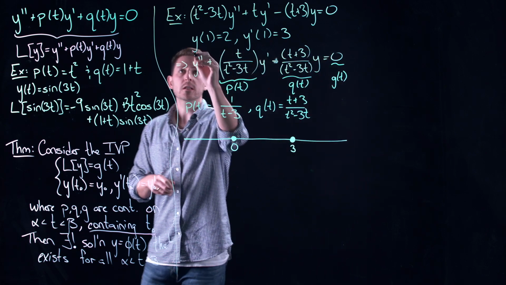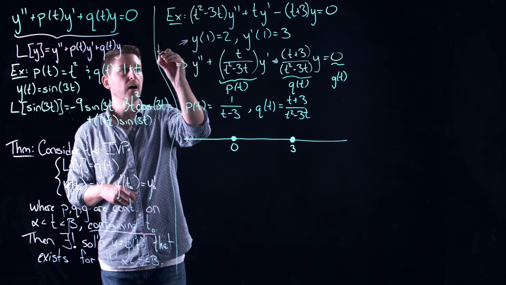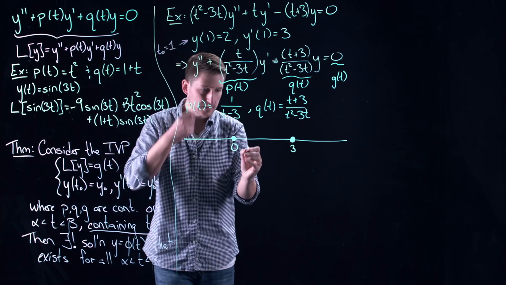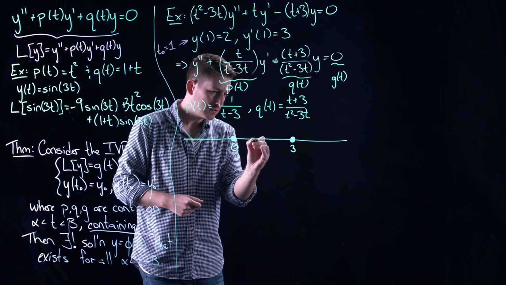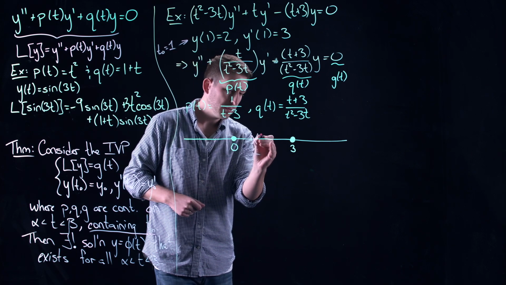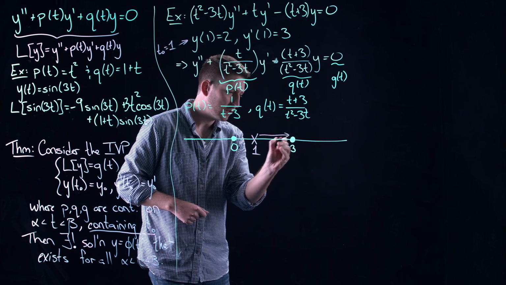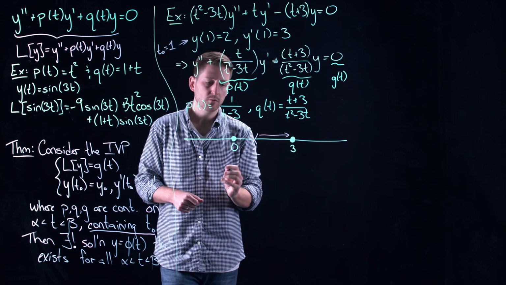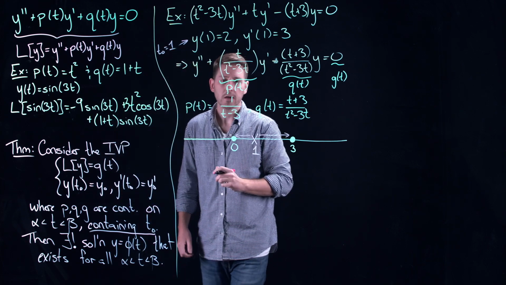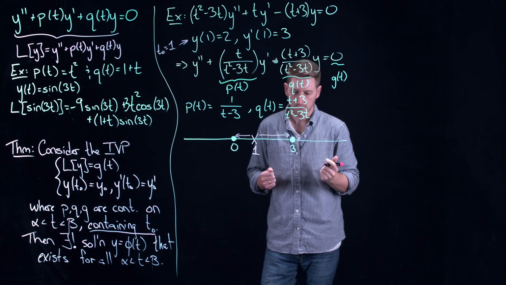Well, the first thing you can see here is that t naught is equal to 1. And so that means that t naught is going to put us, say, somewhere right here. And that means that I can go all the way to 3 if I go to the right with my solution, and I can go all the way to 0 if I go to the left with my solution.